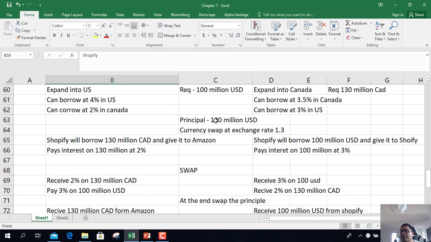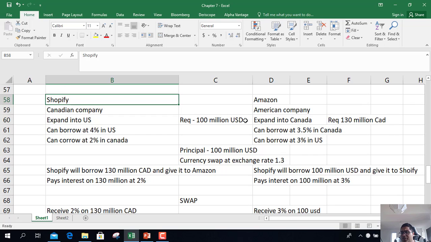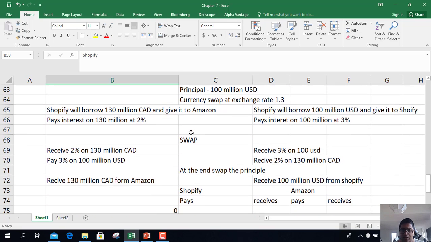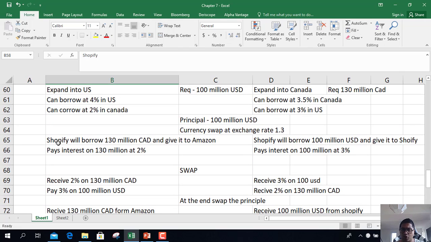Assume the principal is $100 million and the currency swap exchange rate is 1.3, so 100 million USD equals 130 million Canadian dollars. To take advantage of favorable rates, Shopify will borrow 130 million Canadian and give it to Amazon, because it has favorable rates in Canada.